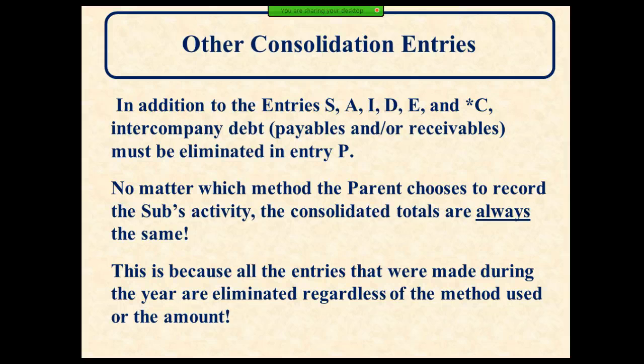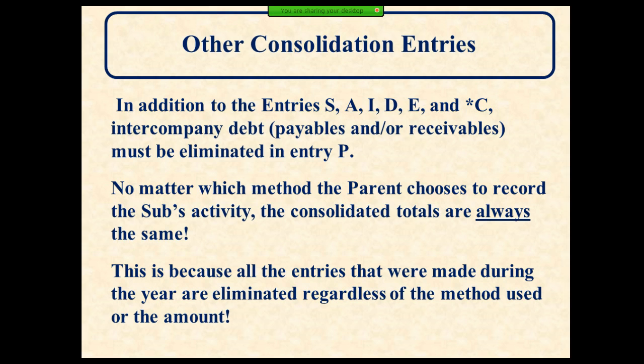Now we're talking about entry P. This is an entry that is recorded during the year of acquisition and then subsequently after acquisition. This basically eliminates any of the intra-company debt or receivables that are between the two companies we need to get rid of or eliminate.